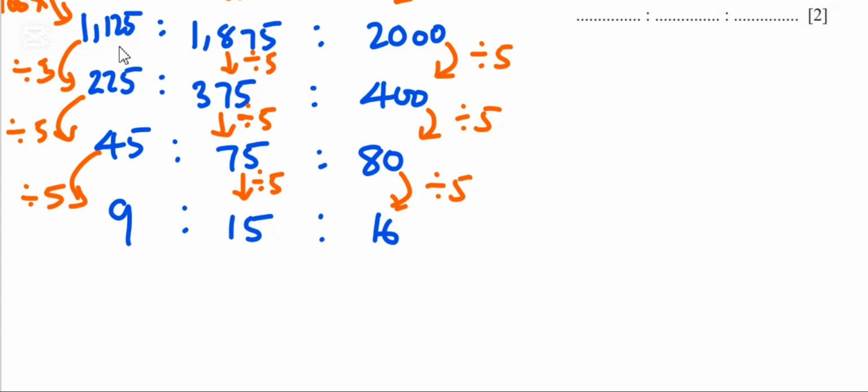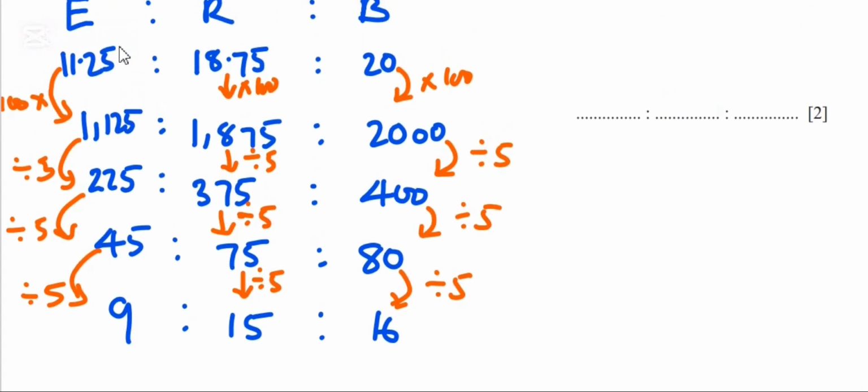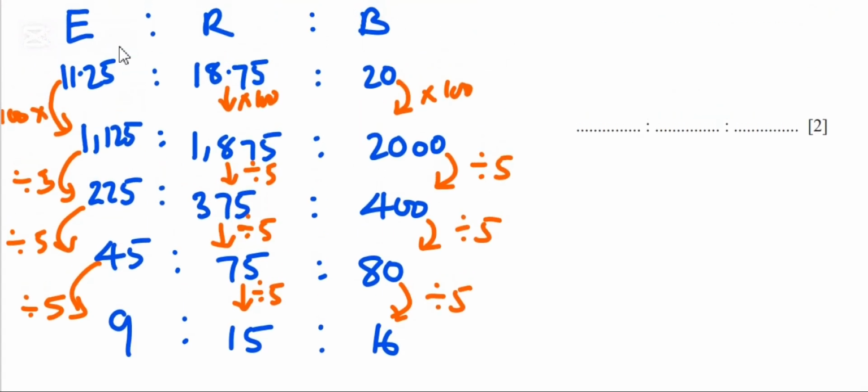You ask yourself, are these numbers in their simplest form? The answer is yes. So the ratio of the number of lengths of Enzo, Rashid, and Blessy is 9 to 15 to 16.